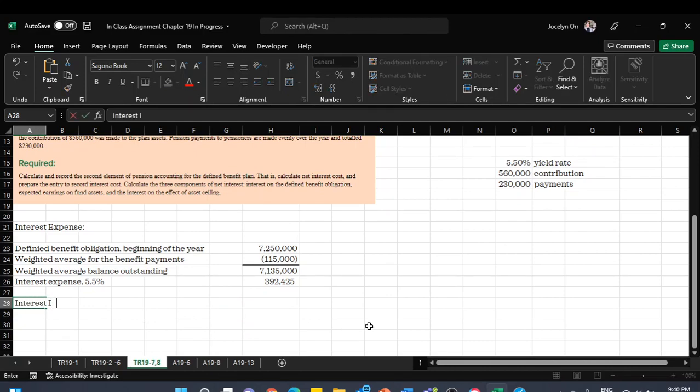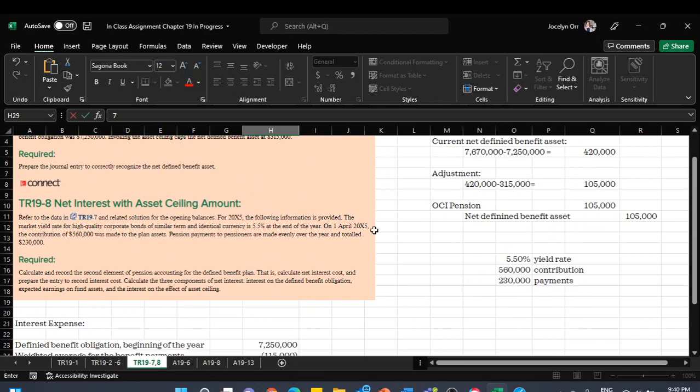So next we're going to look at our interest income on our plan assets. We are looking at the pension plan assets at the end of 20X4, which we know was $7,670,000.